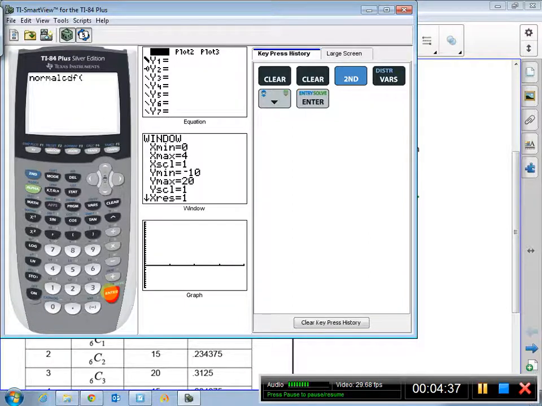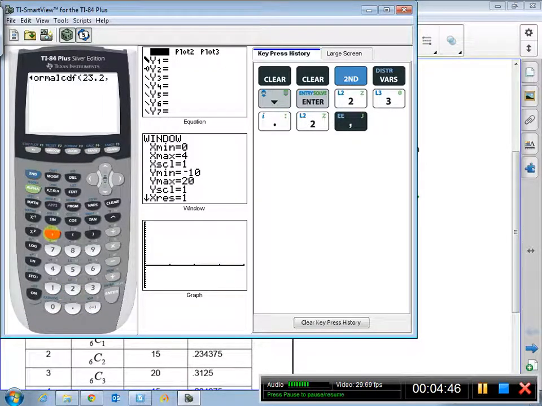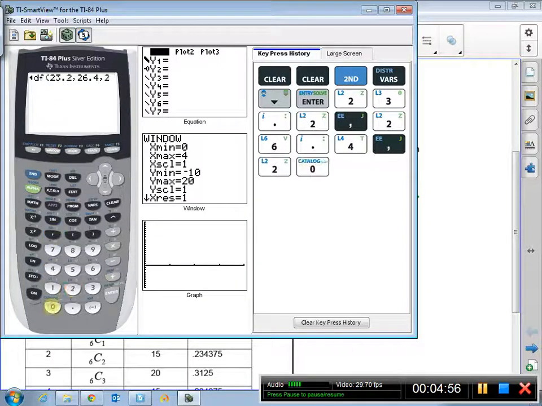Now we want that lower value, 23.2, comma, and the upper value, 26.4, comma, 20, comma, the comma's not behaving up here, and 3.2 for the standard deviation.